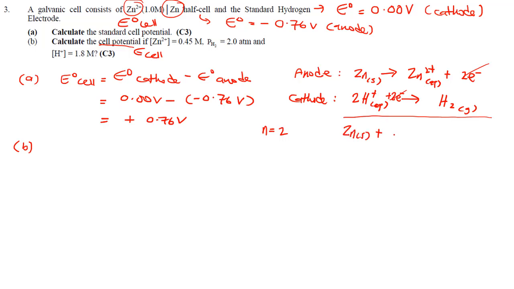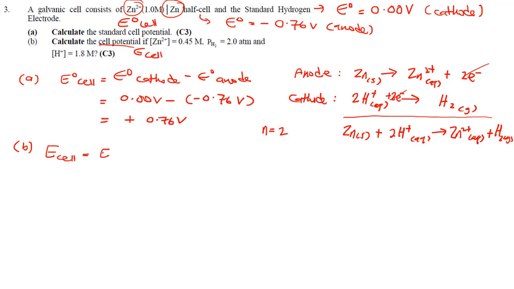Zinc reacts with hydrogen ion will give us zinc ion and hydrogen gas. Okay, so now kita boleh proceed untuk nak kira kita punya E cell.